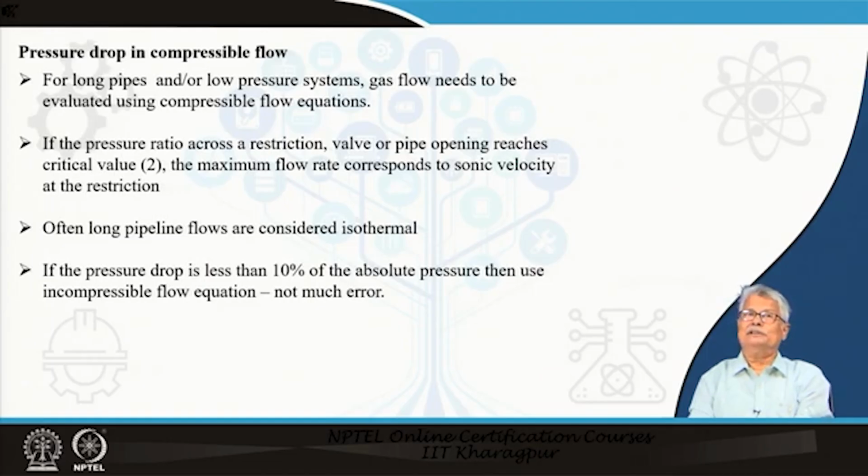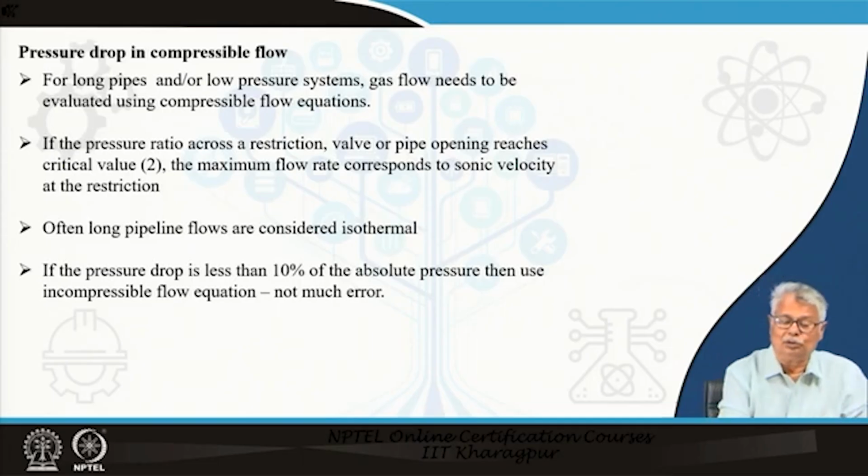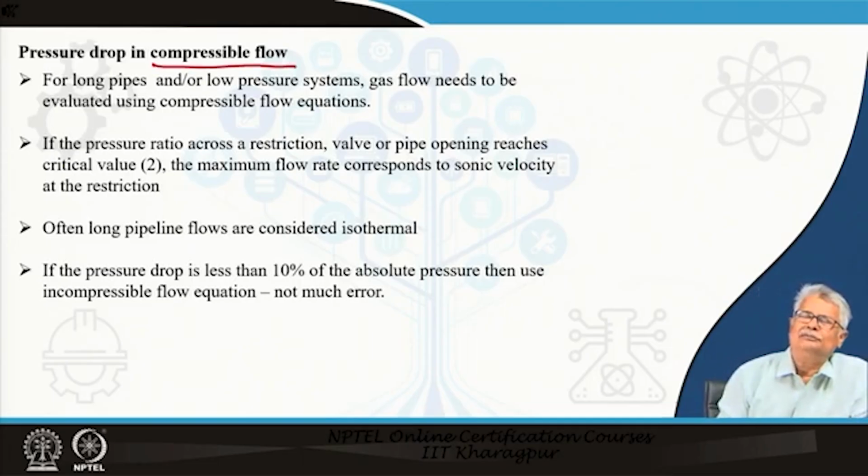Now, there are a few interesting things, and we know the calculations in the case of compressible flow are more complicated. And in the case of your pumps, you have already done incompressible flow calculations, which involve finding out friction factor and so on.